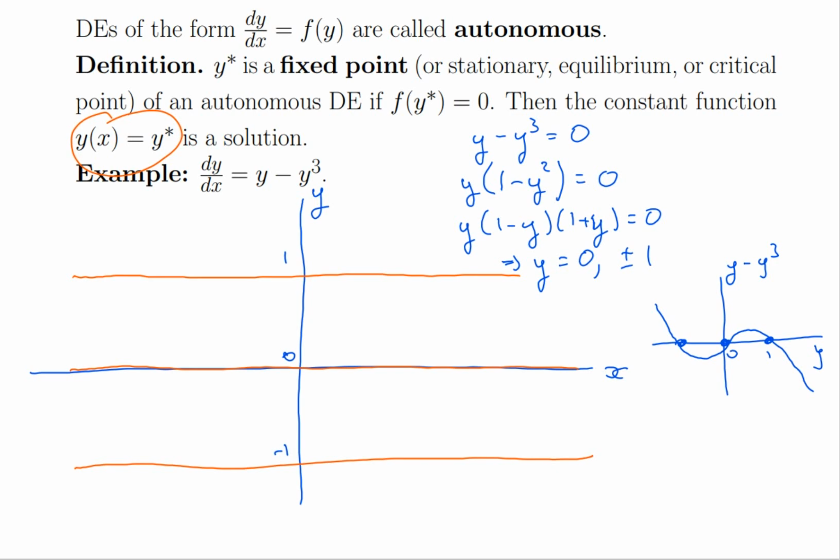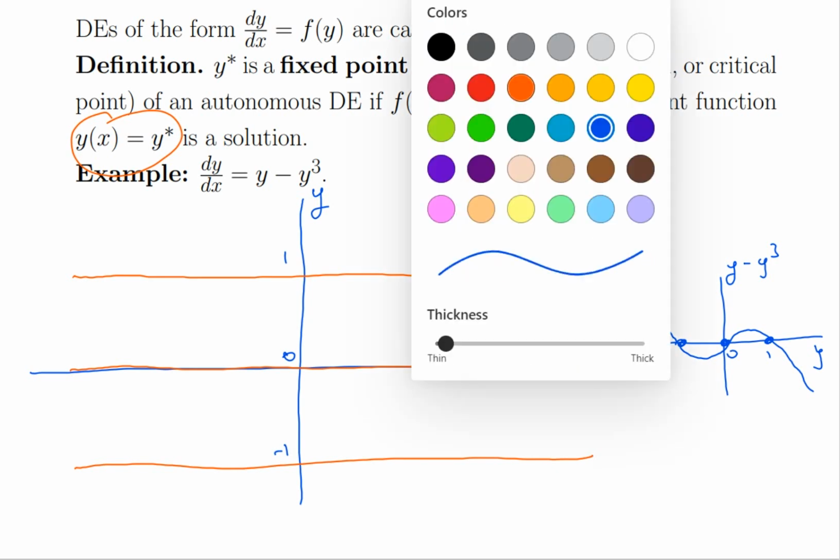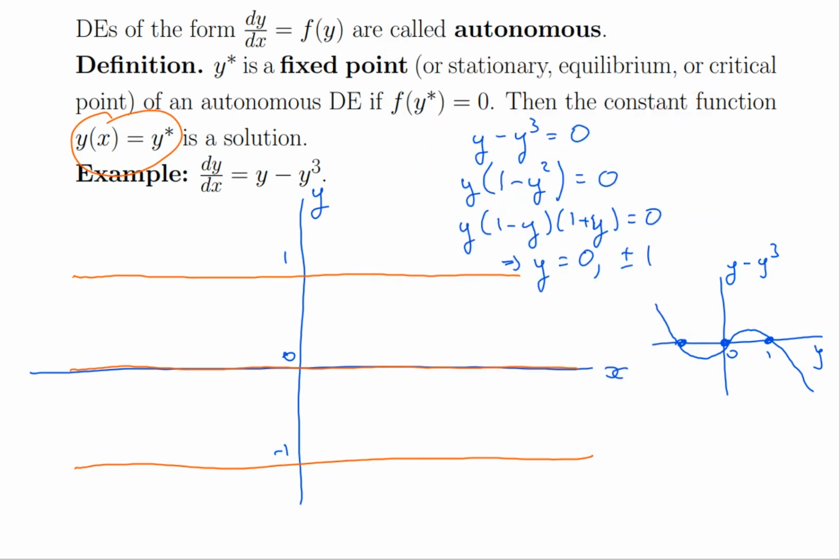Now when it's close to y equals 0, y minus y cubed is very small, so it has to be increasing slowly. So I see that the solution curves in between there must be increasing very slowly, then more quickly, and then more slowly again. And they'll all look like that because nothing depends on x. Doesn't matter which x value I start at.